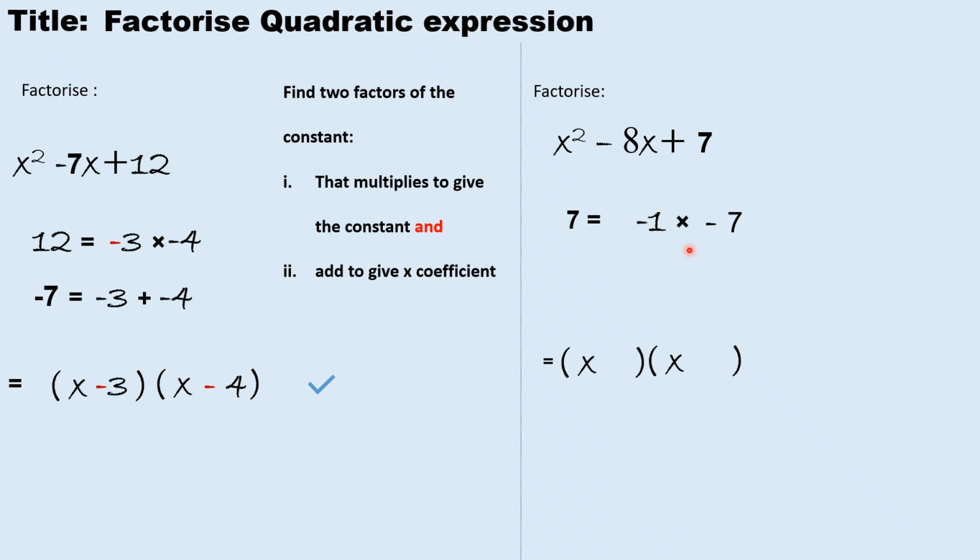Negative 1 multiplied by negative 7 will give you a positive 7. And also, those two factors should add to give the coefficient of x, in this case minus 8. So minus 8 is equal to negative 1 add negative 7. So in our first bracket we'll have negative 1, and in our second bracket we will have negative 7. And that is your answer.